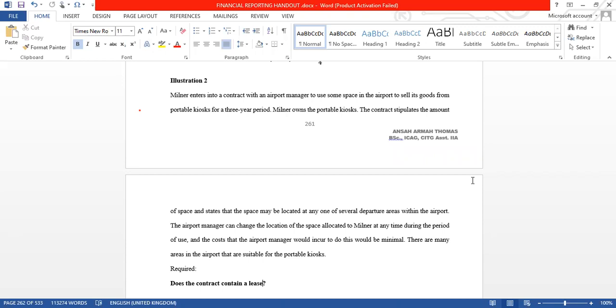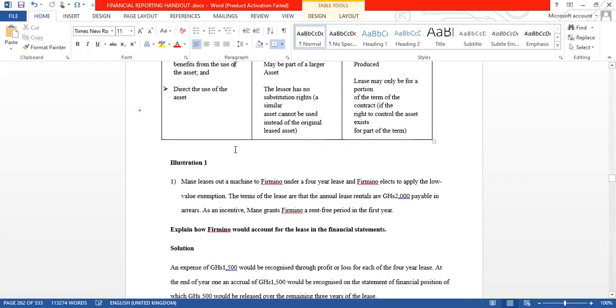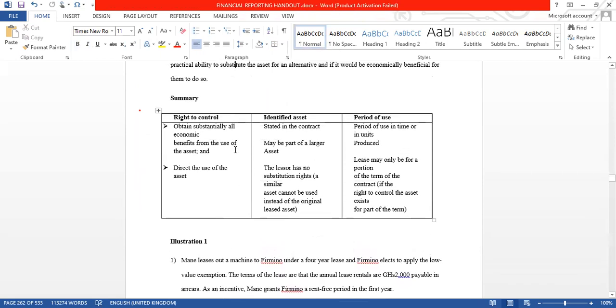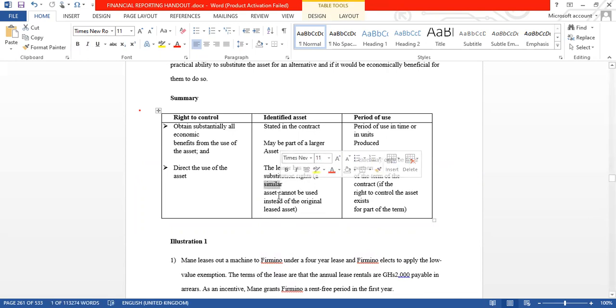Now, immediately you see this. Let me just go back for you to see the table again. This one will help us. Most importantly, we say that the lessor has no substitution right, like a similar asset cannot be used instead of the original one.